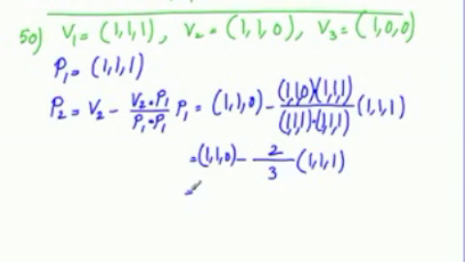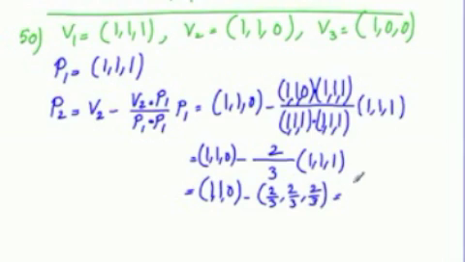So you have (1, 1, 0) minus (2/3, 2/3, 2/3). So what is that? (1/3, 1/3, -2/3). Is that right? That's our P2.